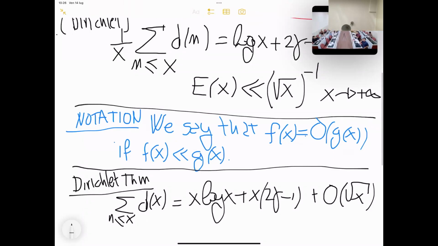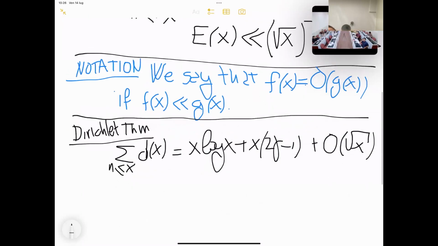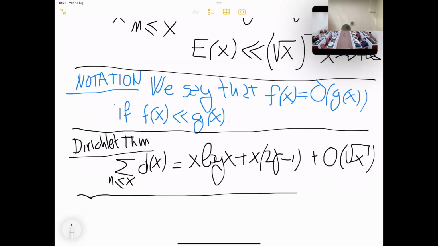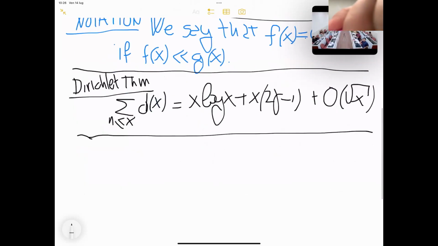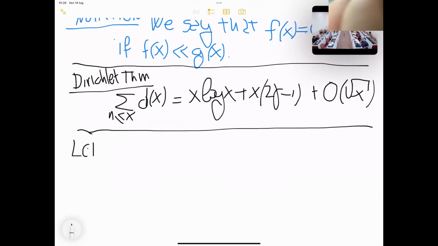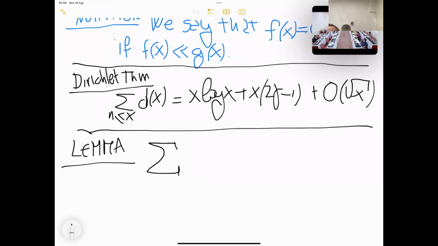Okay, and so we had this lemma, which has also an interest by itself, and it gives us an asymptotic formula for the harmonic sum, n less or equal than x of 1 over n.